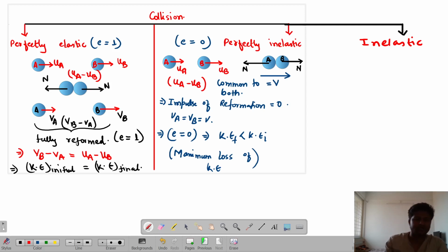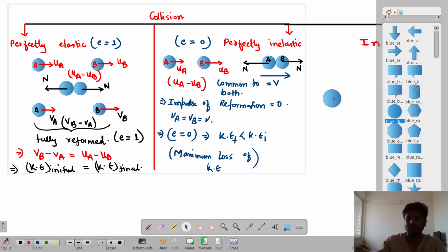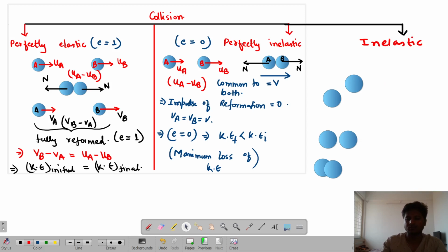So what happens once again if we have two different bodies? Okay, so let's suppose they are moving with some velocities and all.